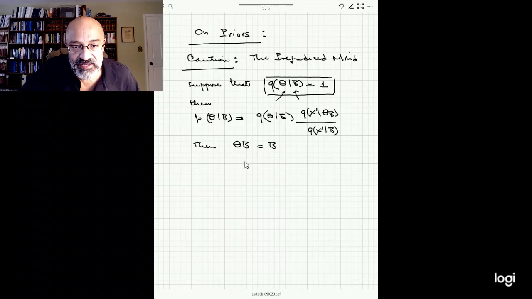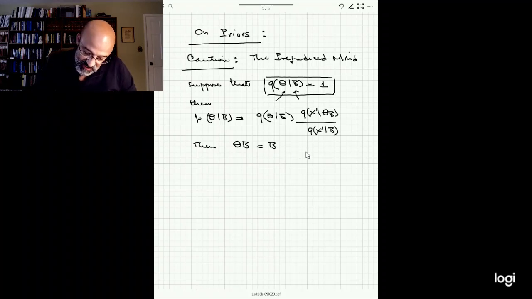Let me say it slightly differently. If assuming b, you know that theta is true, well then assuming b, this can only be true, this is going to be true whenever b is true, right? So this is exactly the same as that.